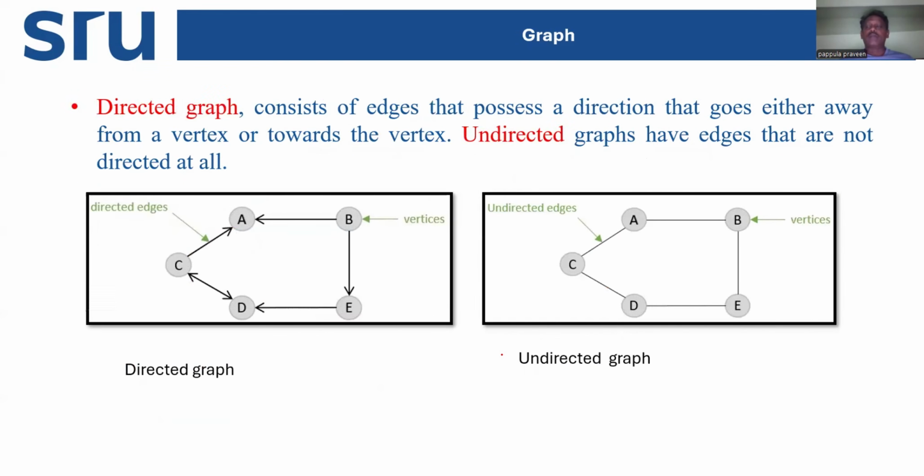Now, graphs can be categorized into two types: the directed graph and the undirected graph. A directed graph consists of edges that possess a direction, going either away from a vertex or towards a vertex. An undirected graph has edges that are not directed at all.